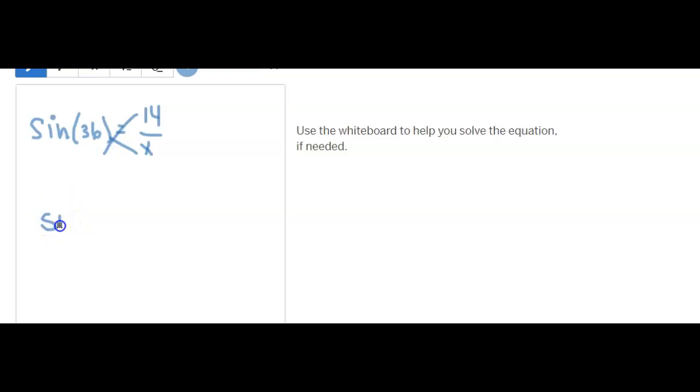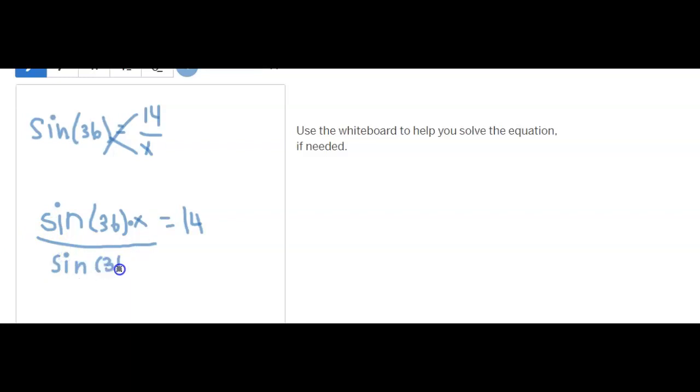This is going to give me sine 36 times x. My goal is to get x by itself. So when I multiply sine 36 times x and 14 times 1, I get sine 36 x is equal to 14. Now I'm going to divide both sides by sine 36.